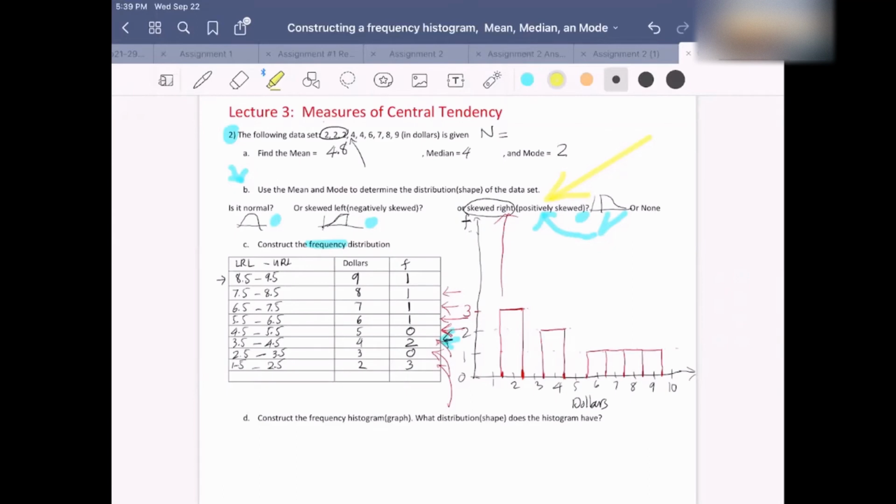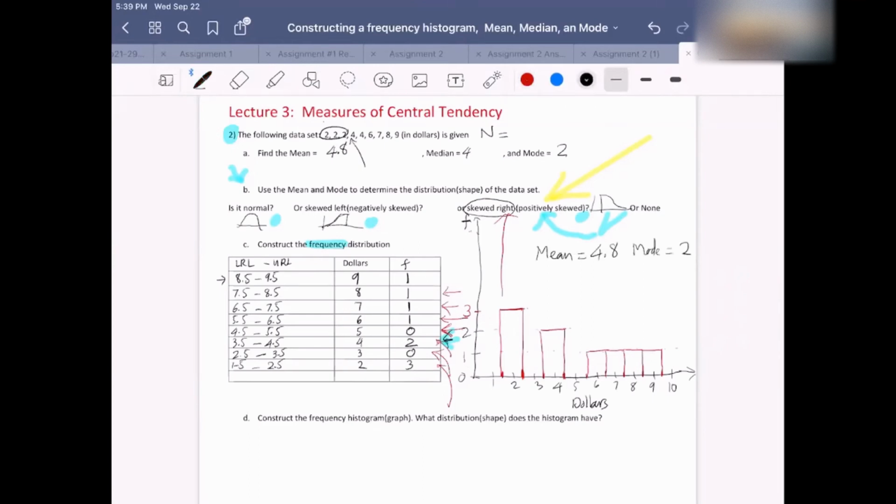And you can see that if you don't graph the histogram, and if you just look at the mode and the mean, can you tell the shape of it right away, everyone? Let's review that, okay? Let's say if you don't graph it, let's say the mean here is 4.8 and the mode is 2.